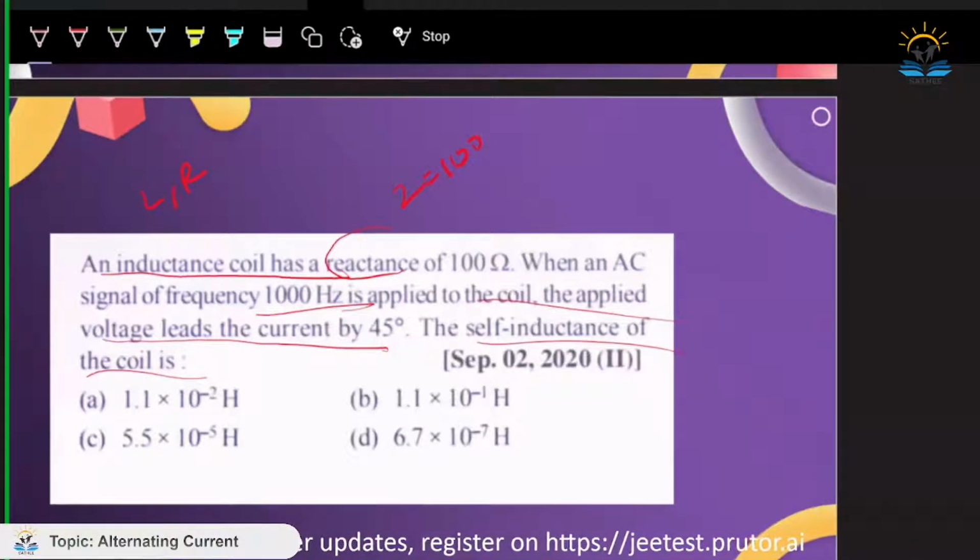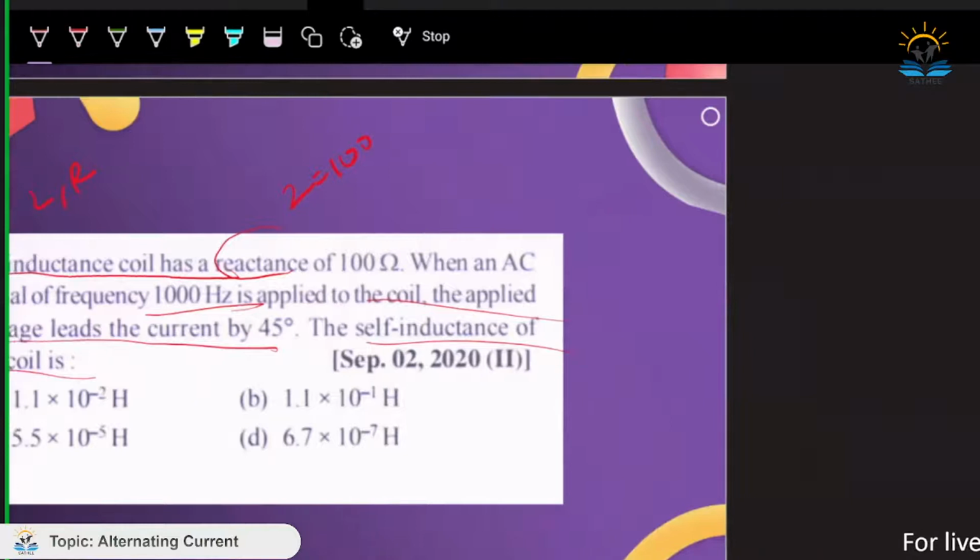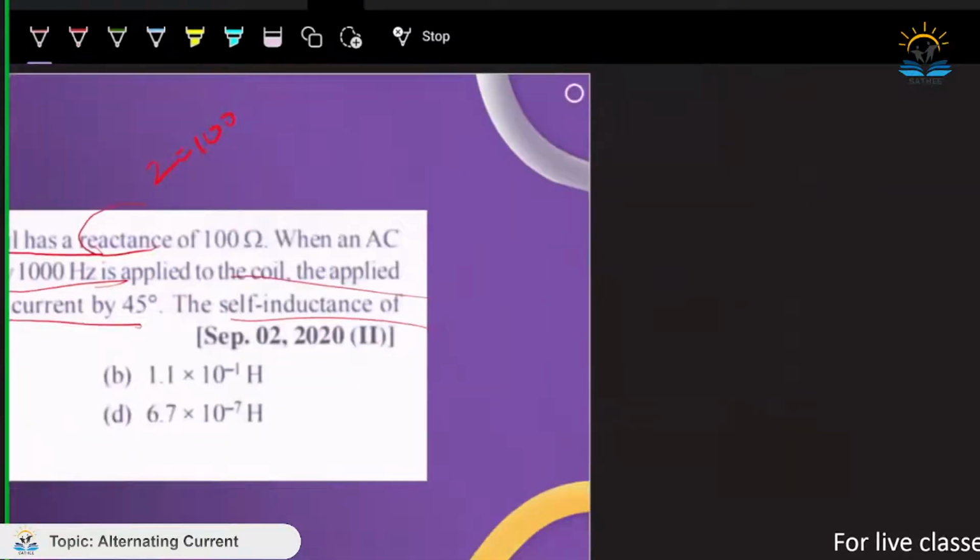Now we have to find out L. It is saying that the applied voltage leads the current. We know that in an LR circuit voltage should lead, because current is lagging. So voltage leads current by 45 degrees. Simple.